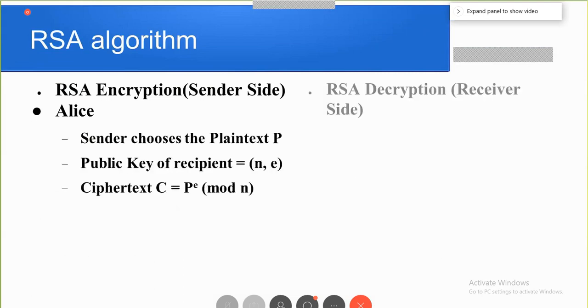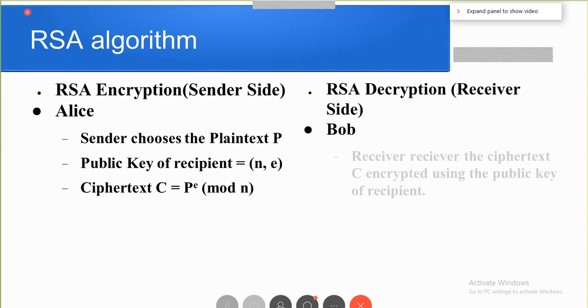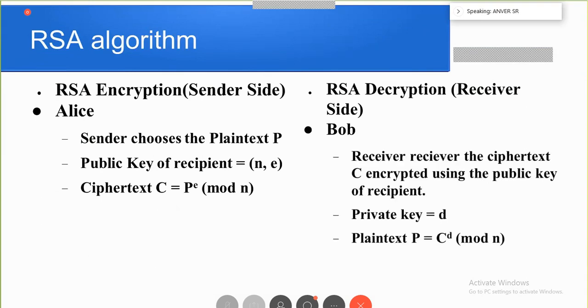Then the encryption algorithm and decryption algorithm using RSA. Here we have Alice on the sender side and Bob on the receiving side. The keys are generated by the receiver. Bob generated the public key and private key, because we have only one set of keys, so it is available to the receiver.